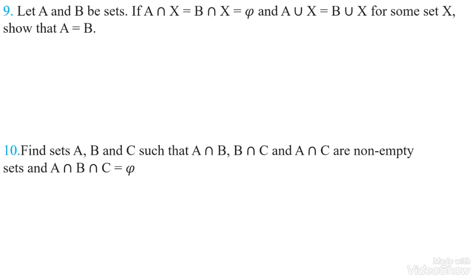Non-empty sets means the sets must contain elements, and A intersection B intersection C should be the null set. Okay. Now you have to find the results of questions number 9 and 10. After solving questions number 9 and 10, you have to write answers in the comment box.